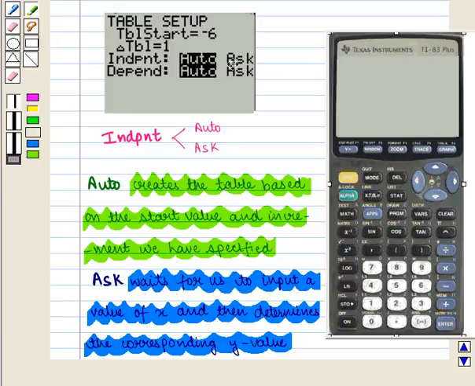Here, if we want it to be changed to ask, we highlight ask and press enter. But here, let us keep it as auto.